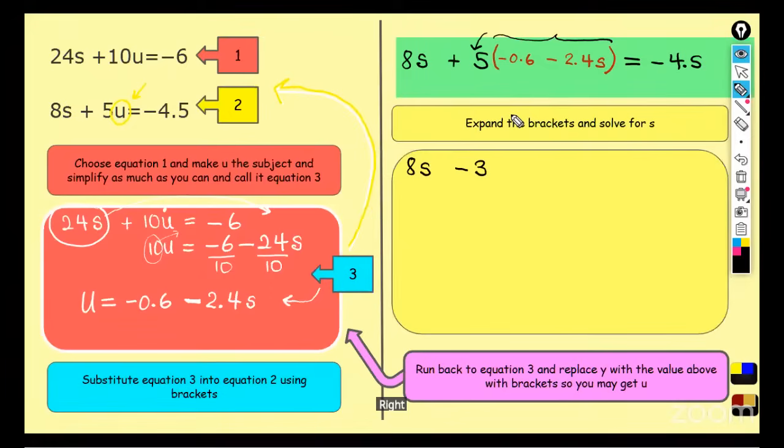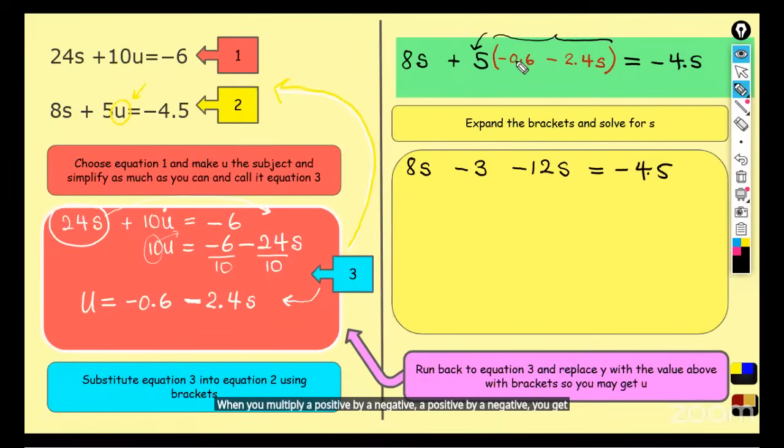And 2.4 by 5 is -12, and it has an S. I'll do that in slow motion again just now. When you multiply a positive by a negative, you get a negative. 5 by 0.6 is 3. You can check it on your calculator. And 5 multiplied by the 2.4 will give you 12.